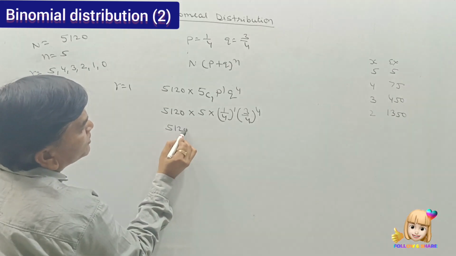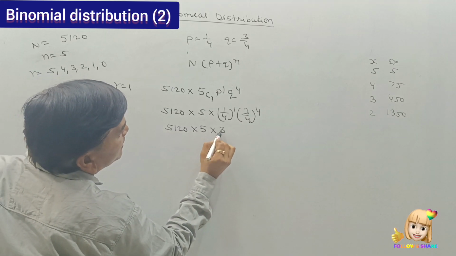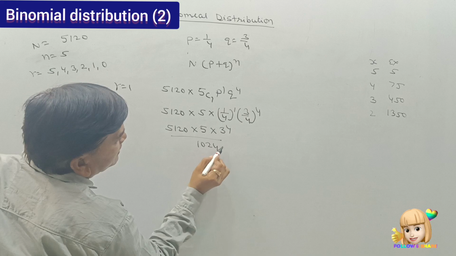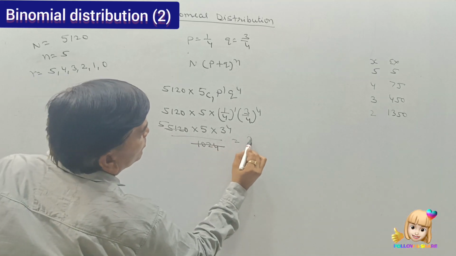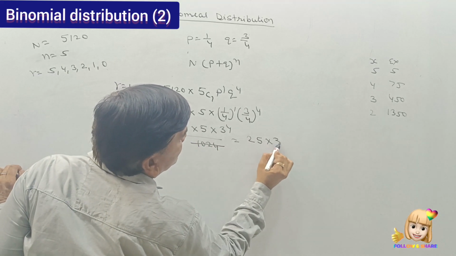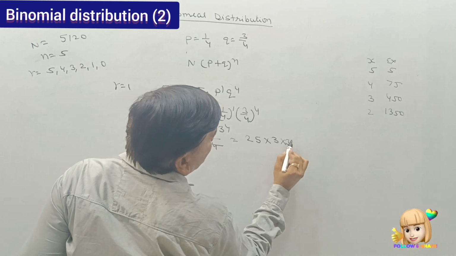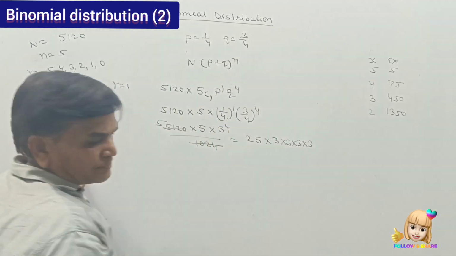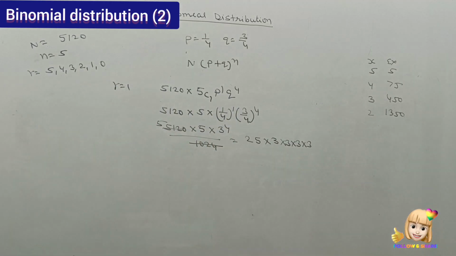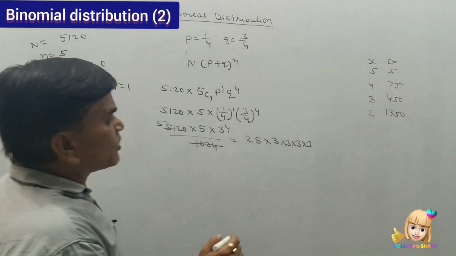So 5120 multiply 5 multiply 3 raised to power 4 upon 1024, this is 5 times. So 25 multiply 3 multiply 3 multiply 3 multiply 3, 3 raised to power 4. 81 multiply 25, that is 2025.